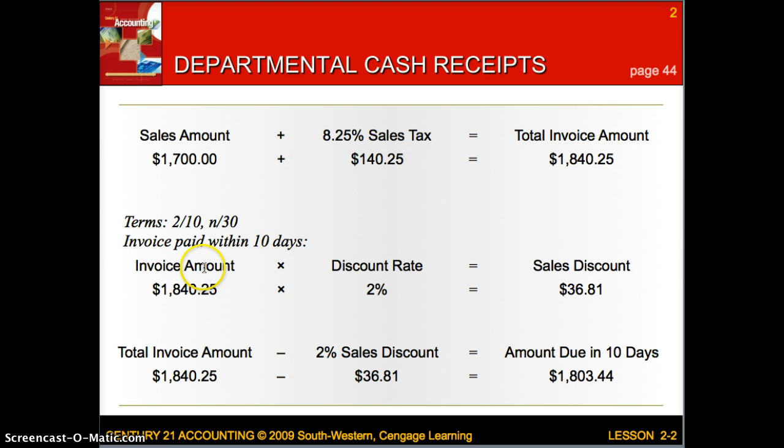So if the invoice is paid within 10 days, we will take this total invoice amount times 0.02, our discount rate, and our sales discount is $36.81. So we'll take 1840.25 minus our $36.81 sales discount, and the amount due within 10 days is $1803.44. But if you don't get it paid in those 10 days, then any time between 11 and 30 days, the amount due is $1840.25.